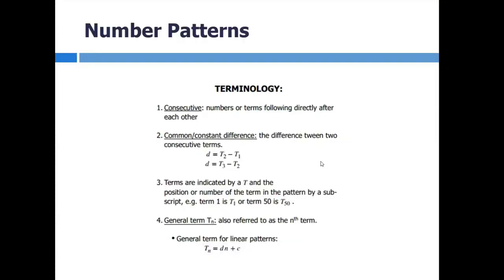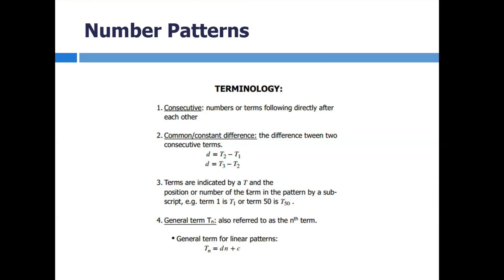Okay, so first of all, like I said, let's talk in terms of terminology, right? Now, if you still remember, we talked about consecutive numbers. And we said that when we are dealing with consecutive numbers, we are talking about numbers that follow directly after one another. So for example, we can go 3, 4, 5 consecutive, or we can go 22, 23, 24 consecutive numbers, right?